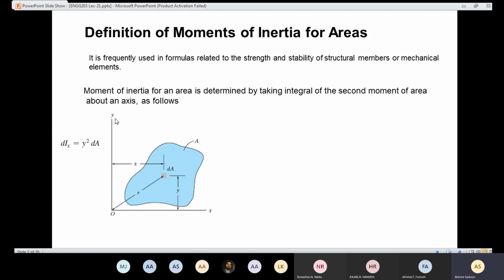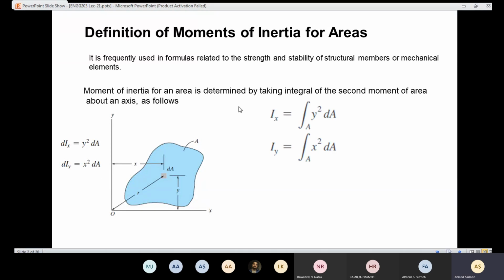If I integrate this, I get Ix. Similarly, if I want the moment of inertia about the y-axis, the differential area is multiplied by the distance x for the first moment, and for the second moment, I multiply again by x. So the differential moment of inertia about the y-axis is x squared dA. If I want the entire moment of inertia, I need to integrate that part.